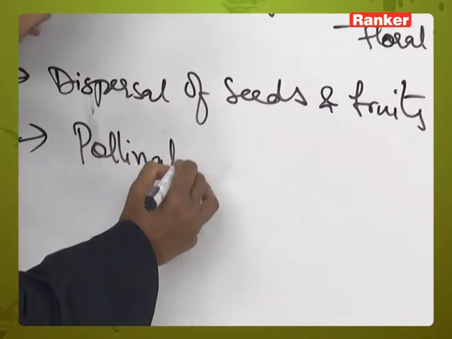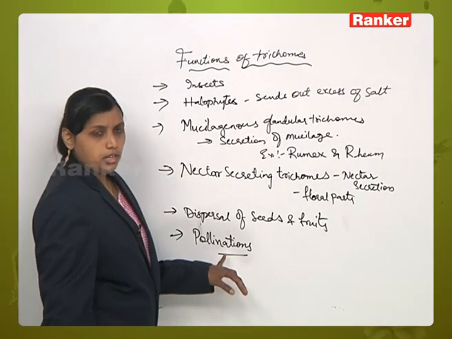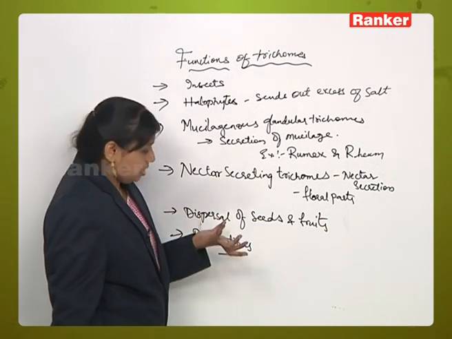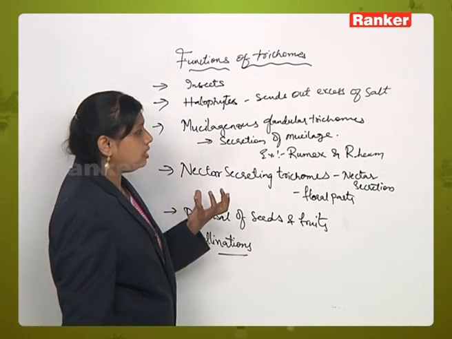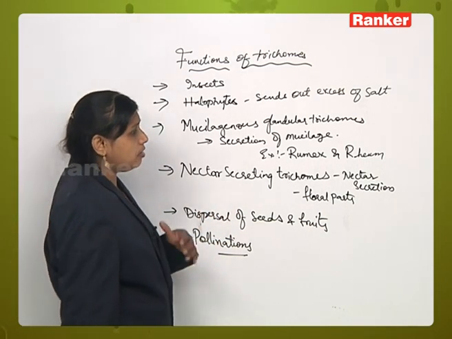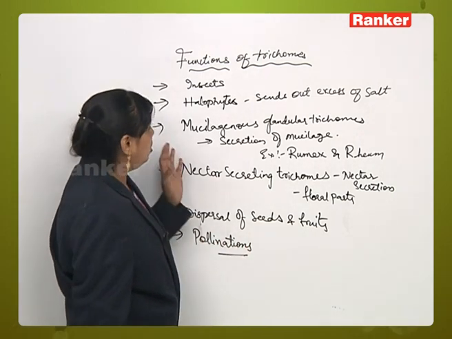Indirectly, these trichomes help in undergoing pollination. Some trichomes present in the floral regions make these floral parts functional during the process of pollination. So these are a few functions of trichomes.